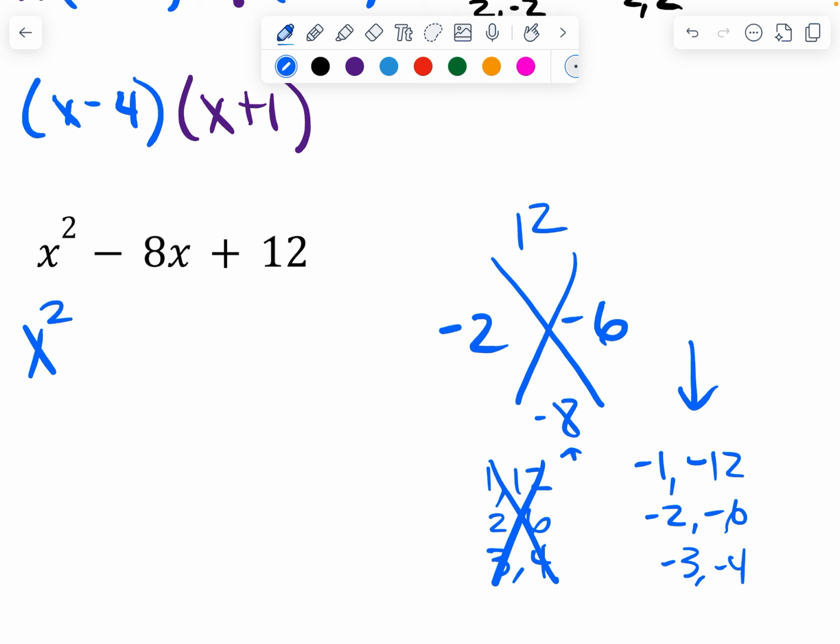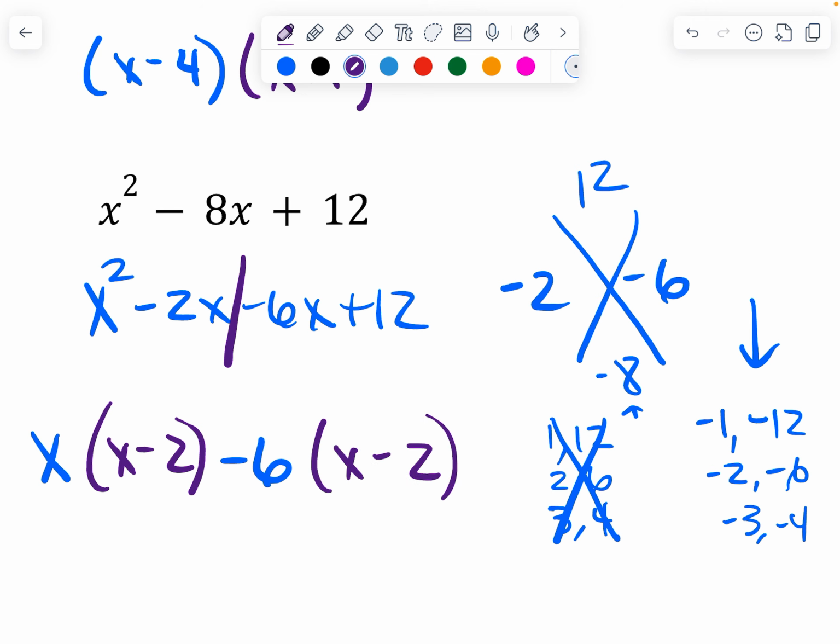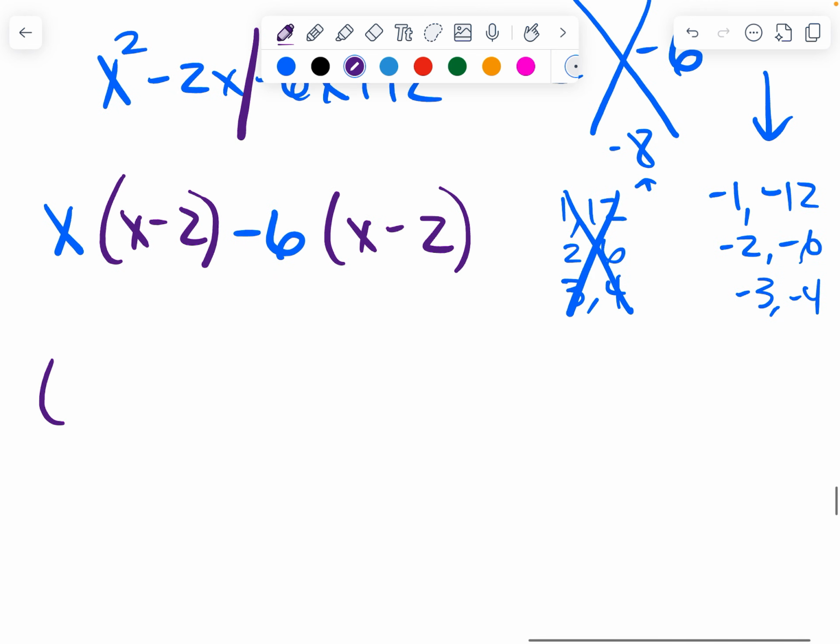So we get x squared minus 2x minus 6x plus 12. Go right here. I take out an x, left with x minus 2. The leading coefficient on this next part is negative, so I'm going to put a negative, and I get x minus 2, because we want the parentheses to come out to be exactly the same.